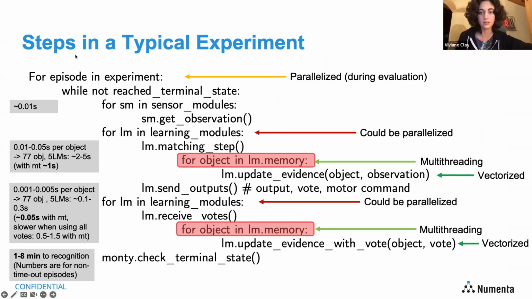Yeah. Episodes are parallelized during evaluation. During training, we can't do that because they have to be in order. But within the episode, for this for loop over objects in memory, we run each update evidence call in a step using Python multithreading.